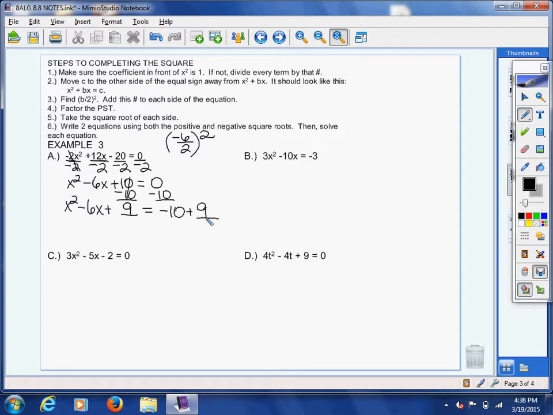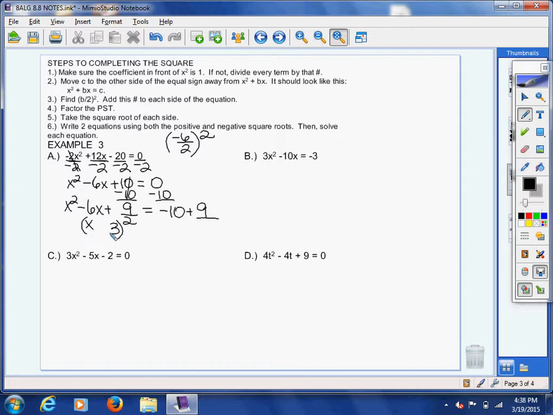Okay? Now, what you did was you on purpose made a perfect square trinomial on the left. We need to factor it. Here's your shortcut. X squared. What times itself is x squared? Right, x. 9. What times itself is 9? 3.